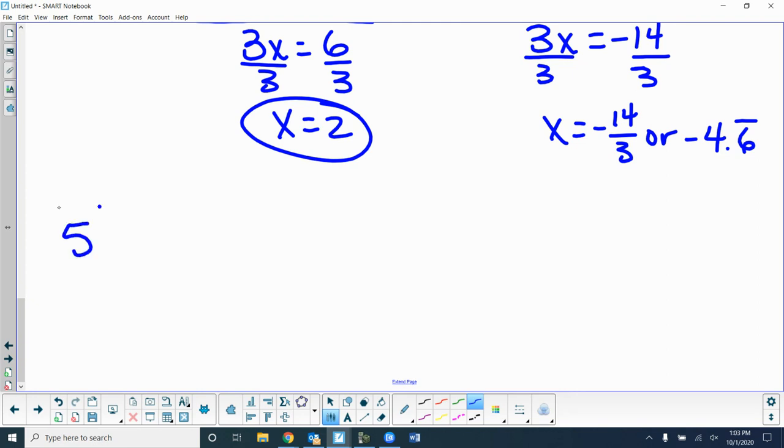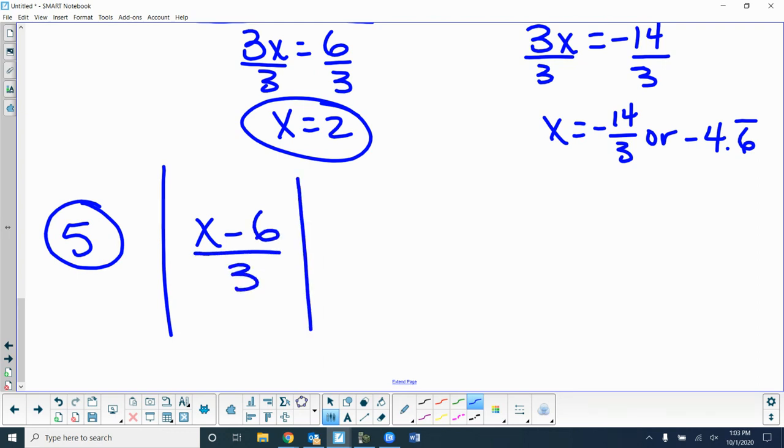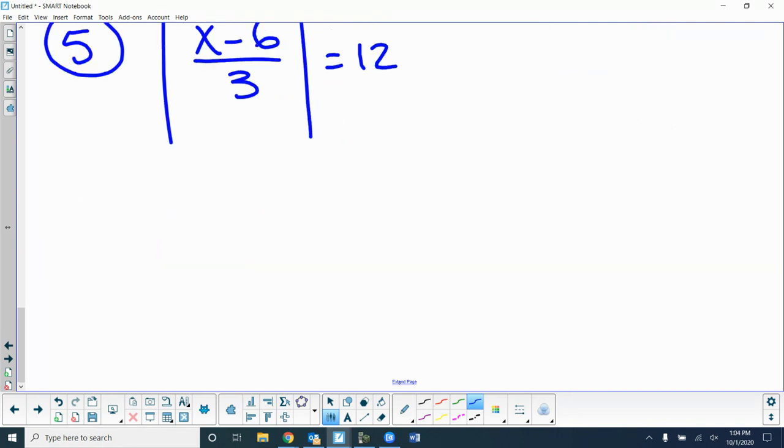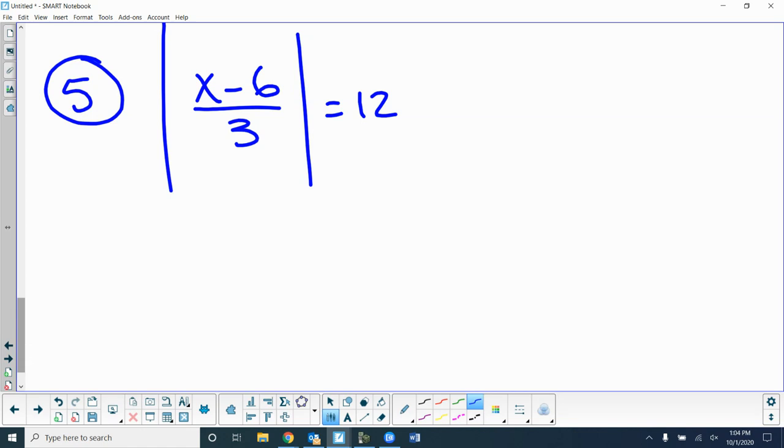Number 5, we got a fraction in our absolute value. That's okay, we can handle it. The absolute value part's alone on the left, there's a number on the right, I can go right to my 2 problems. Okay? So, you might see something like this.